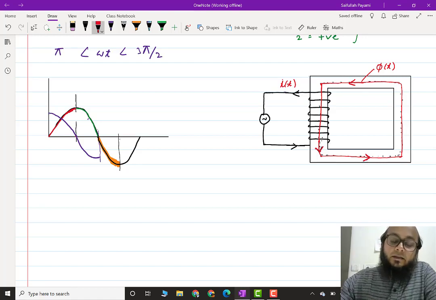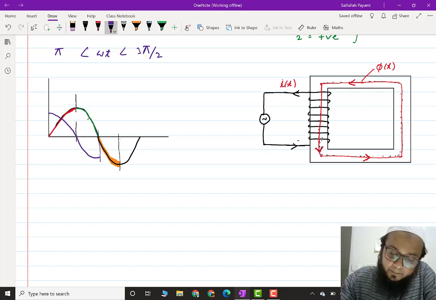So that means flux is also being increased in this direction. The polarity of the induced EMF should be in such a way that it should try to counter this. This is only possible when you have plus here, and obviously this is your terminal 2 and this is your terminal 1.